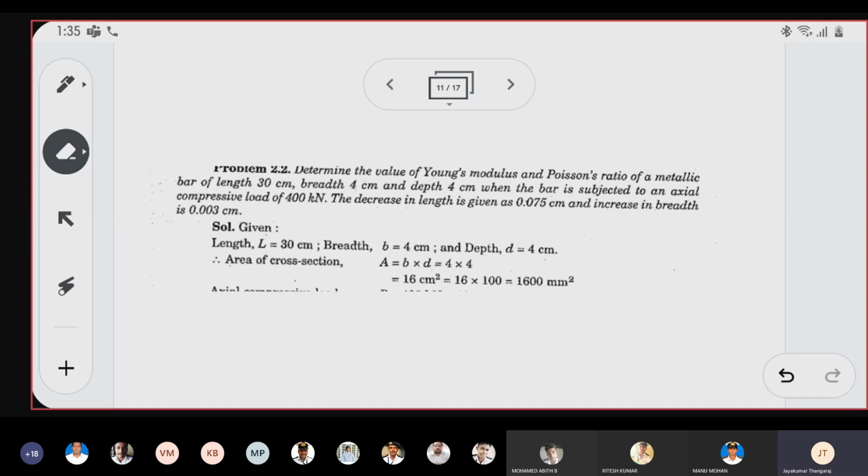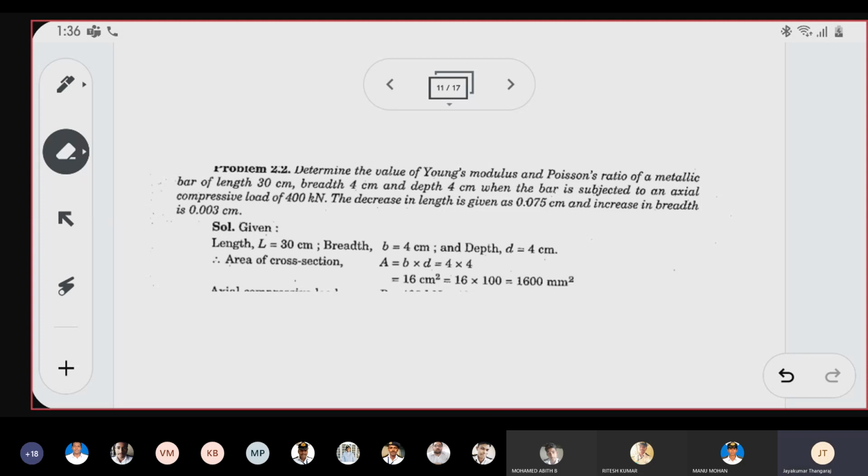Repeat one more time. Determine the value of Young's modulus and Poisson's ratio of a metallic bar of length 30 centimeter, breadth 4 centimeter, and depth also 4 centimeter.